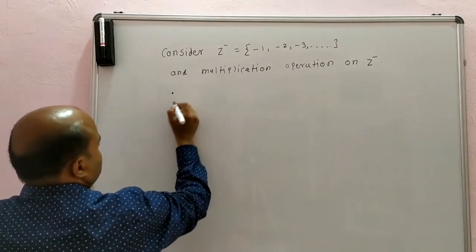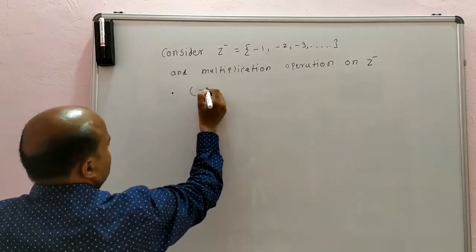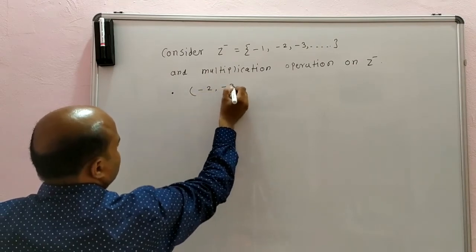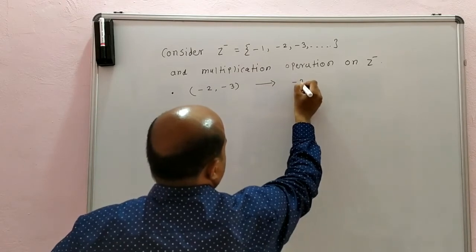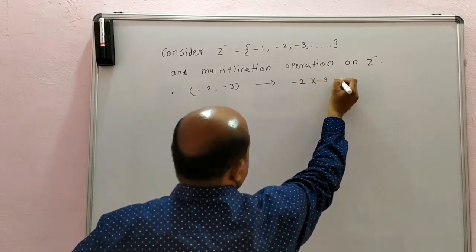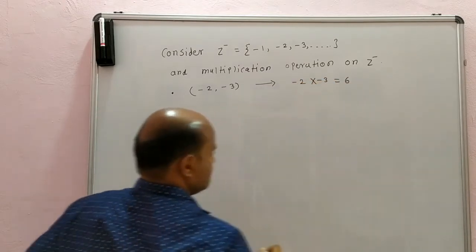Under multiplication, (minus 2, minus 3) goes to minus 2 into minus 3 is equal to 6.